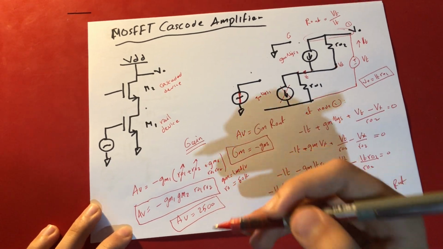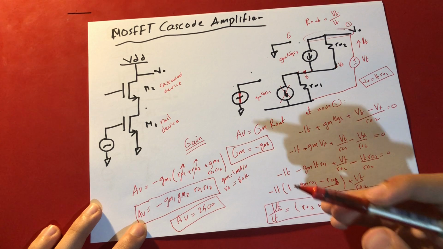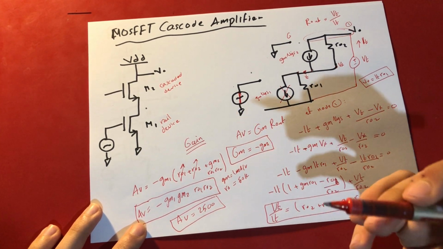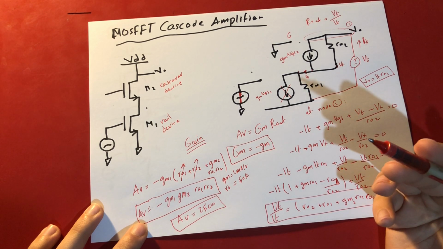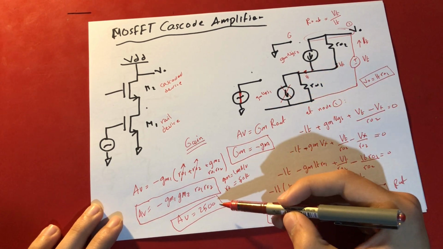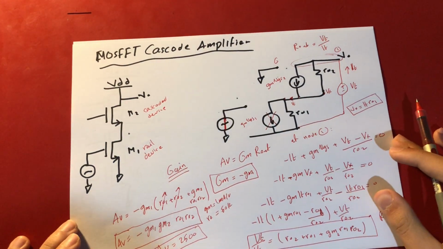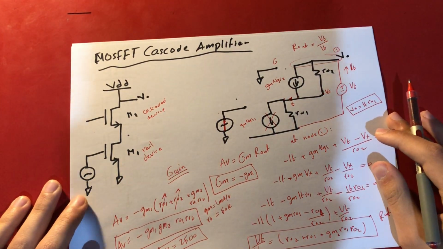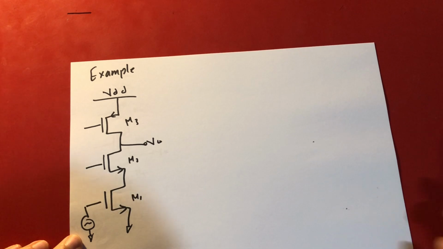So we increased the gain so much by using only one additional MOSFET, right? That's why we use the cascode amplifier, because it gives us so much more gain compared to only the basic MOSFET amplifier.